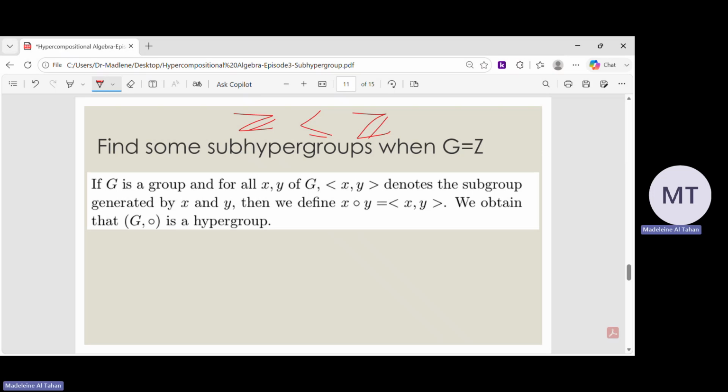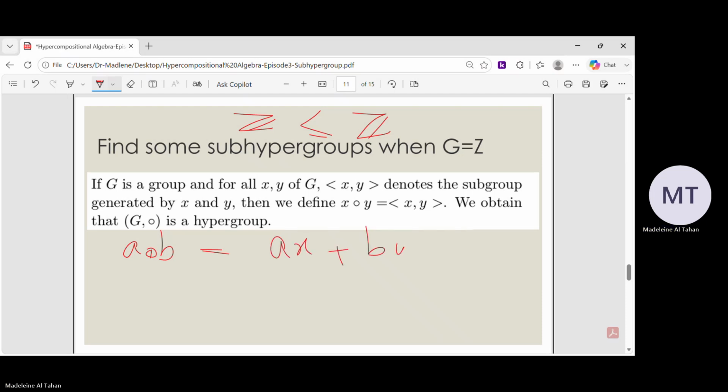Now remember, if we have A, B, A circ B will be equal to AX plus BY with X, Y belonging to Z. This is the definition of this hyperoperation. Let's think of 2Z.